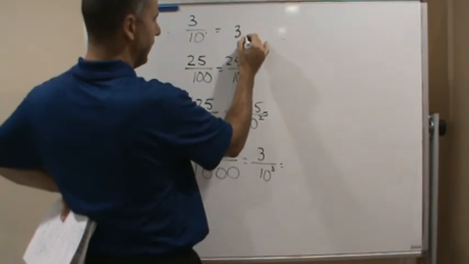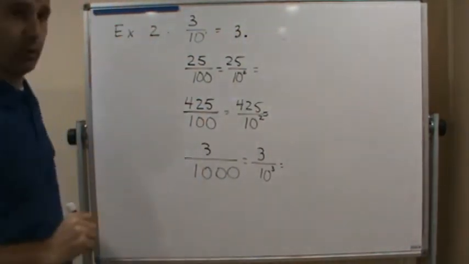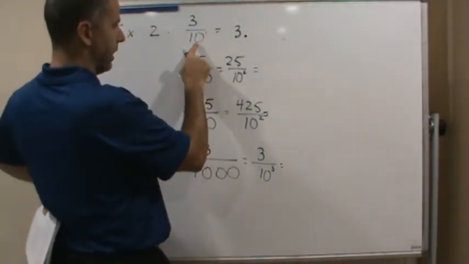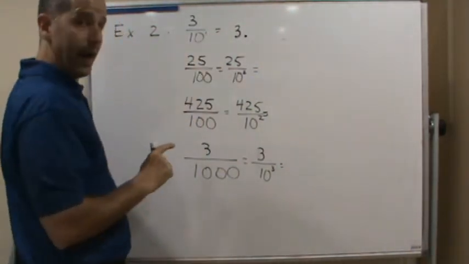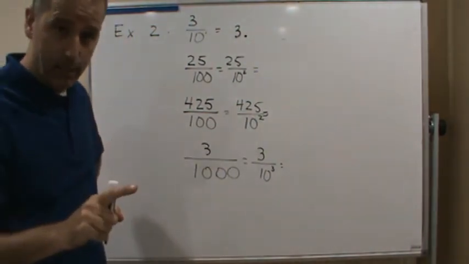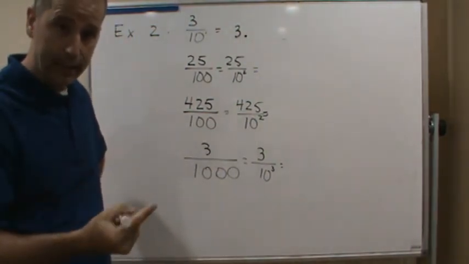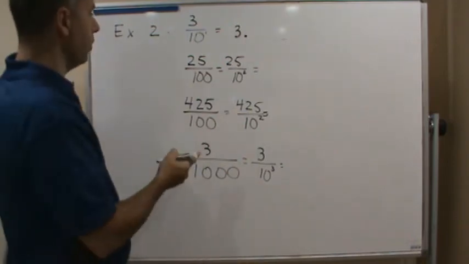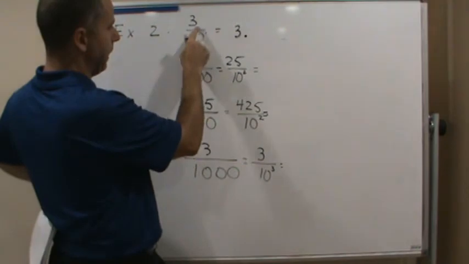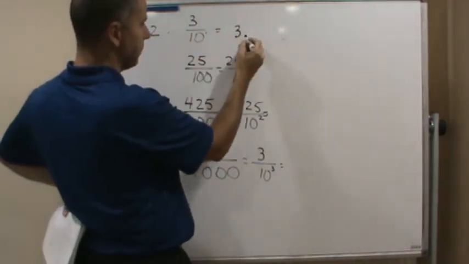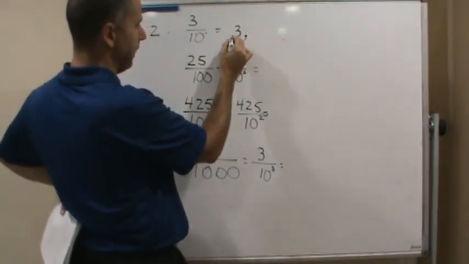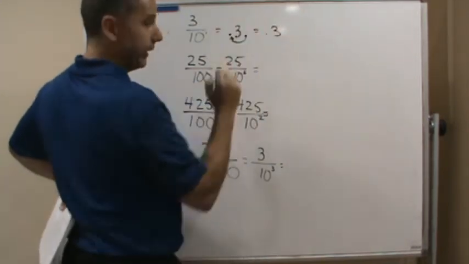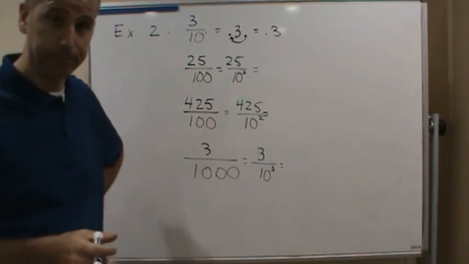But if we write this as 3 point, and we notice that we're dividing by 10 to the first power, well, whenever we divide by a power of 10, it moves the decimal point to the left. So if we divide by a power of 10, that means the decimal point is going to move 1 place value to the left. And so it equals 0.3, which is the same answer we got before.